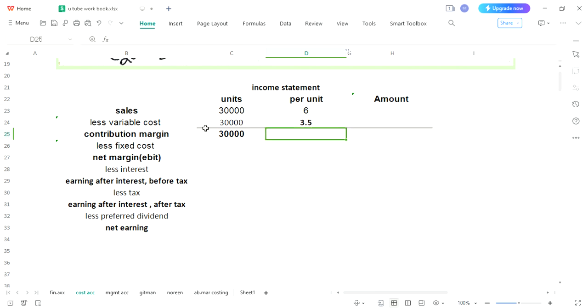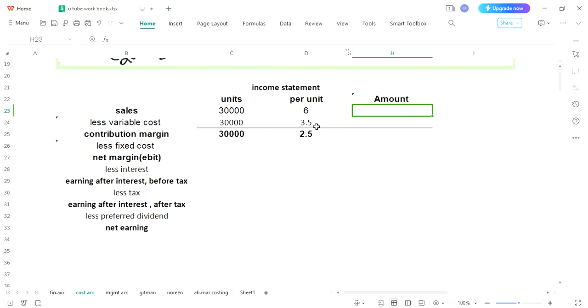We can now calculate our contribution margin per unit, which is the difference between sales and variable cost: 6 minus 3.5. In this way we have calculated our contribution margin per unit, 2.5.